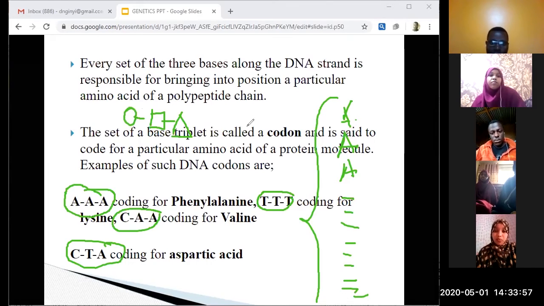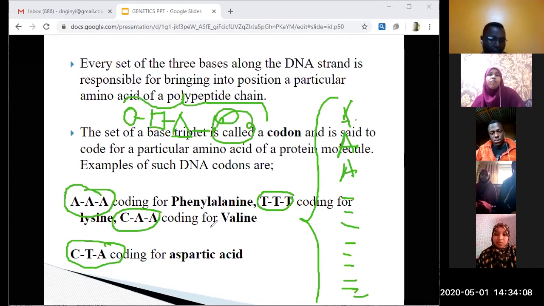Let's assume that this is the aspartic acid. So we have now one molecule of a protein consisting of the 4 amino acid molecules. And you can see for these 4 amino acid molecules to be in their particular positions along this polypeptide chain, it has been determined by the coded information which is in the gene.